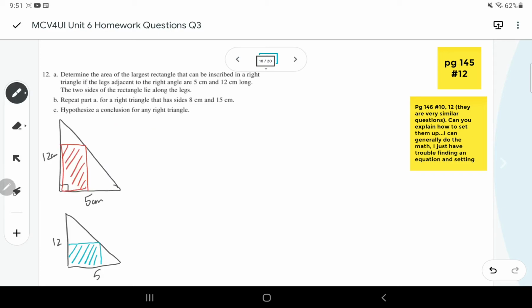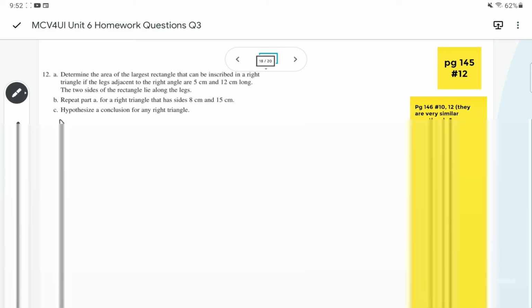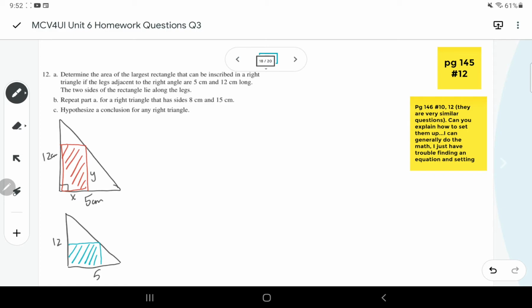We need to have some kind of variables here. And there's a few different ways of looking at this in terms of the setup. I'm going to call this X and Y just because, so let X be the width, let Y be the length.